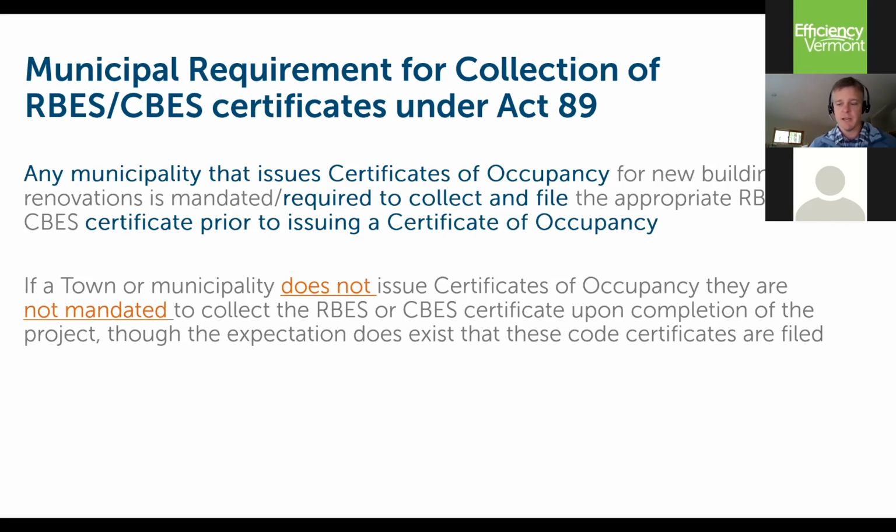So it's on the builder's shoulders to meet the certification requirement. And if the builder does not file the certificate, there's no penalty landing on a local official in that circumstance. It lands on the builder if they do not file the certificate as required.